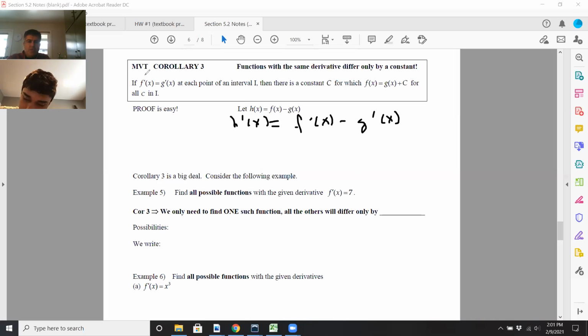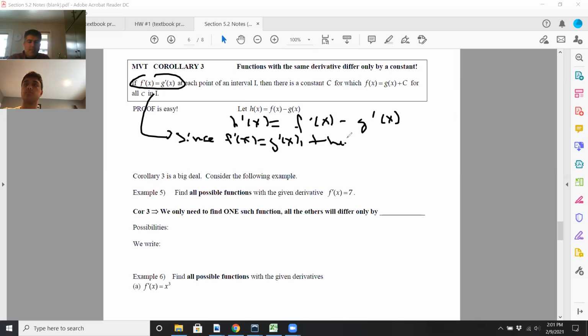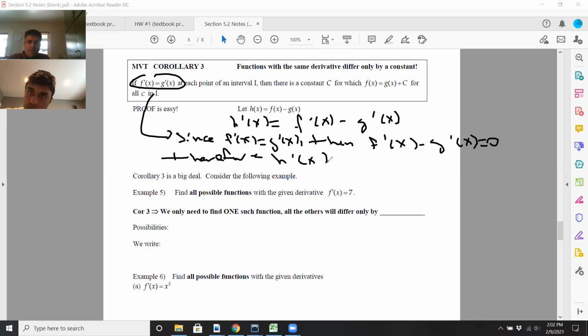Now, because this is true, since f prime of x equals g prime of x, then f prime of x minus g prime of x has to equal 0. Therefore, h prime of x equals 0.